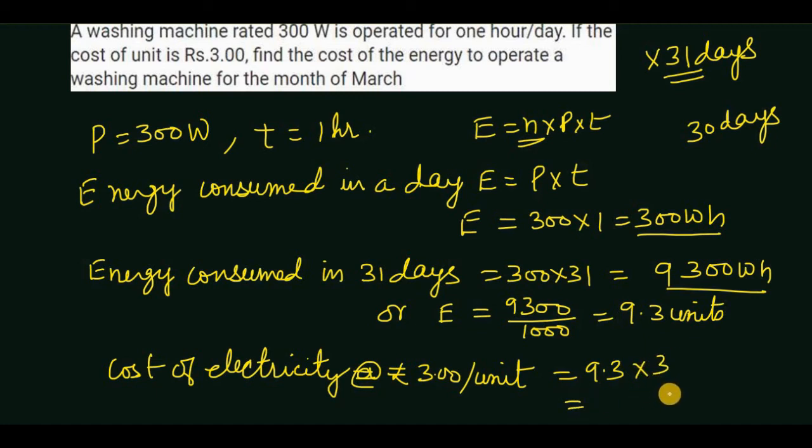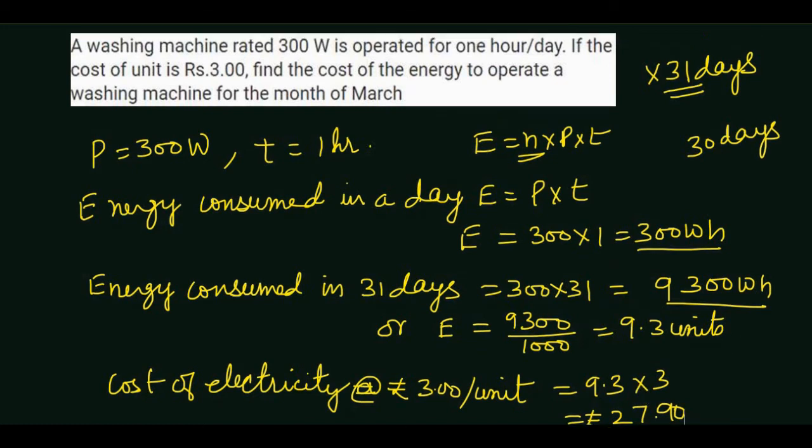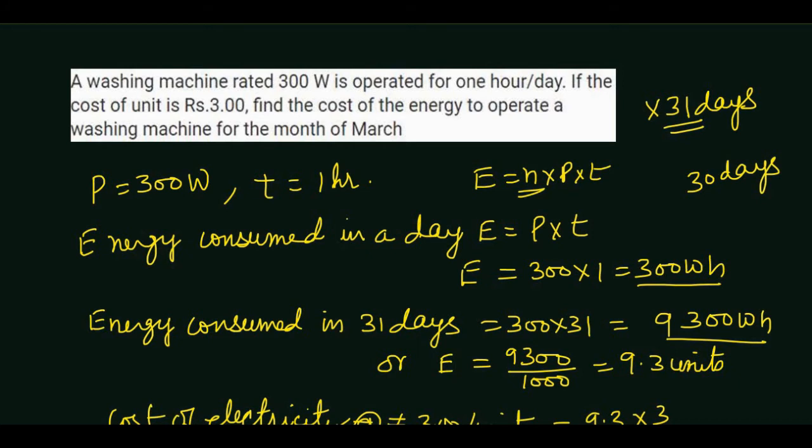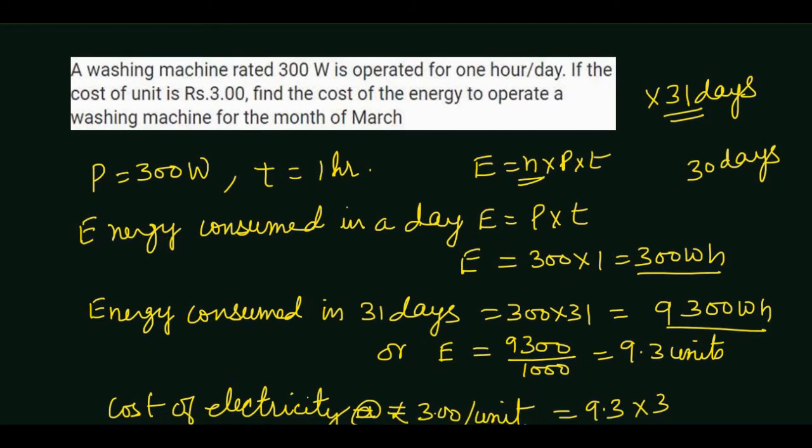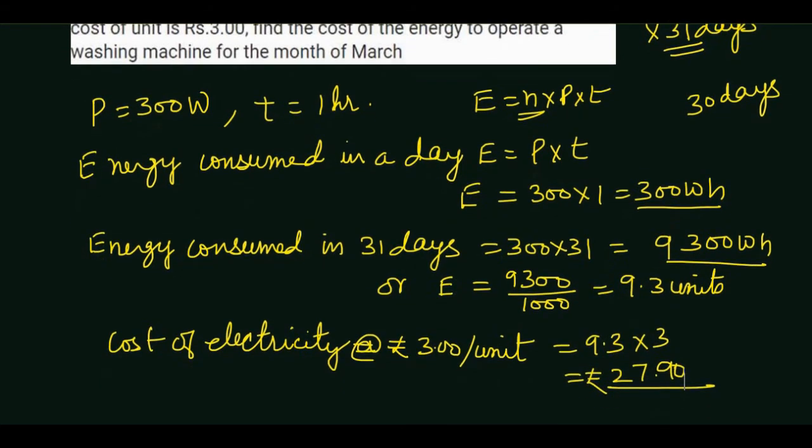You will get the answer: 3 3s are 9, 27, and the decimal place 1, rupees 27.90. This will be the cost of the electricity using the electric washing machine for 1 hour daily for 1 month of March. Okay, the cost of operating that comes to rupees 27.90. Now we come to the next question.